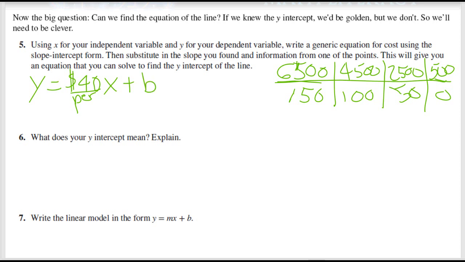There's a y-intercept, and we knew there'd be a y-intercept because we tried to see if it was direct variation. It's not direct variation, so we knew we had a y-intercept.